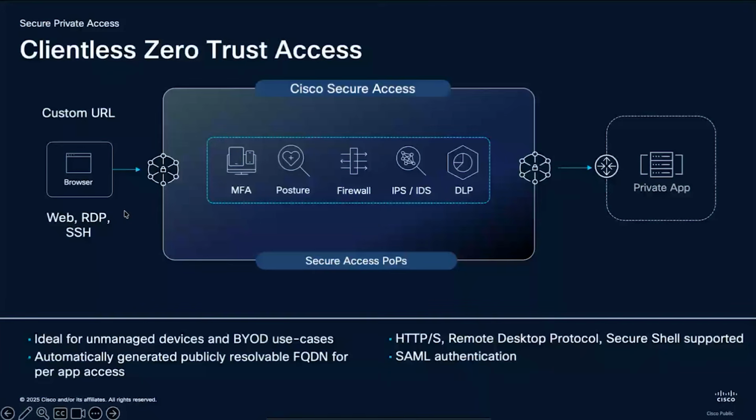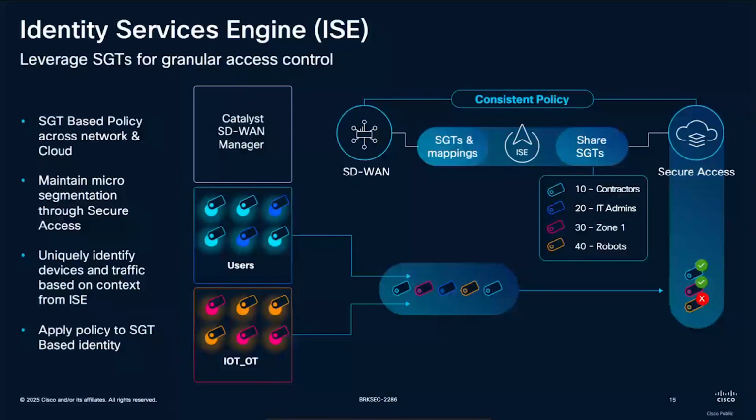Okay. We can also integrate with our Cisco ISE, Identity Services Engine, our NAC, Network Access Control solution, where we can use the SGT, the security group tag, retrieved from the Cisco ISE solution to create policies to manage our end users' access to, for example, private applications.